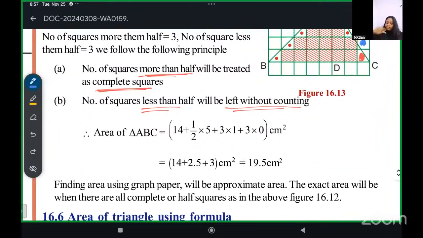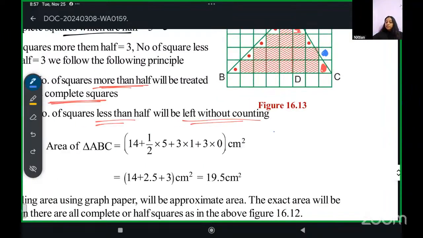What they have done is 14 plus 1 by 2 into 5 plus 3.